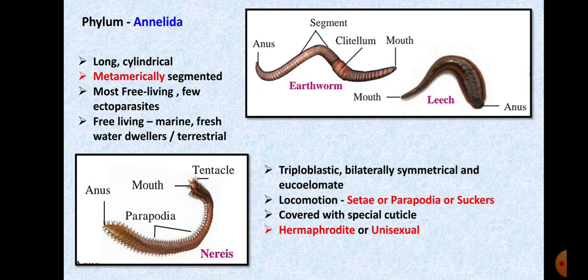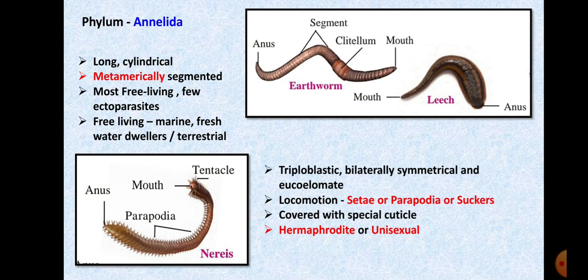This is how you will be helped while studying, and you can remember the characteristics and connect them with the organism. Now here you have earthworm and leech. Earthworm and leech are very often found in your surroundings. Clear? So you can connect with them.